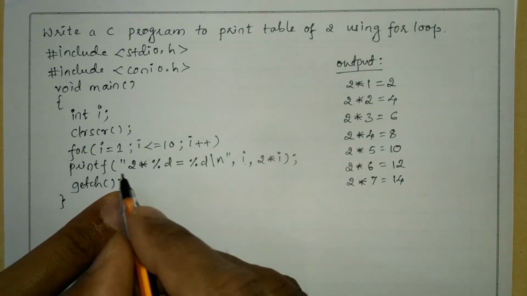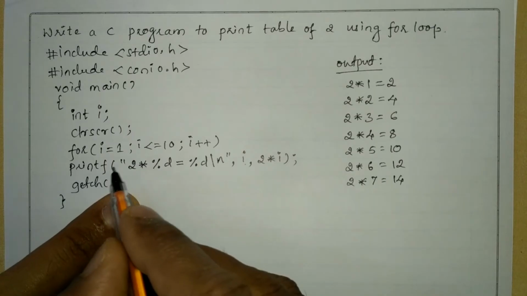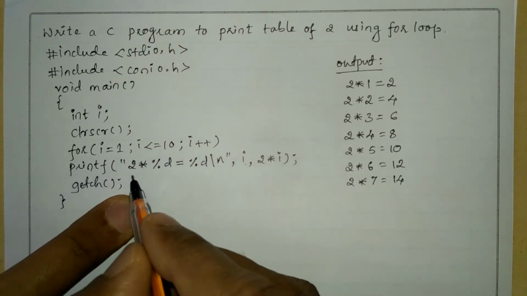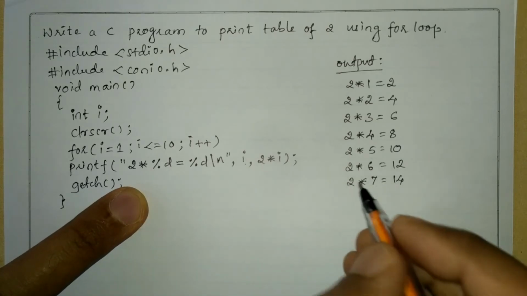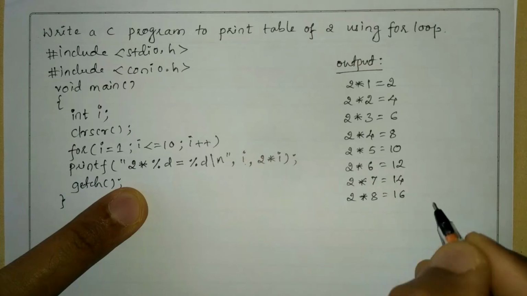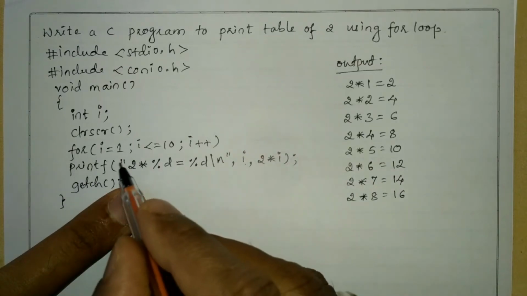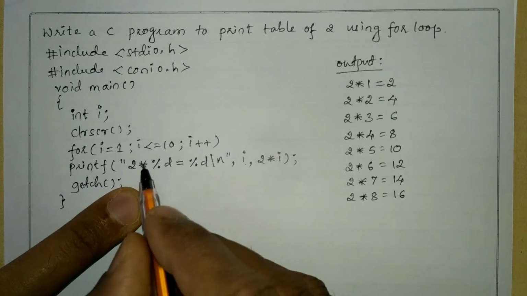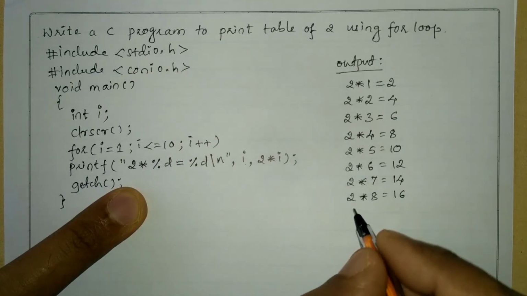Similarly, once again, the control transfers to for loop by incrementing the value of i by 1. Now it is 8. 8 is less than or equal to 10. Condition is true. Then once again, this particular statement will execute. 2 into 8 is equal to 16 will be printed. Again, control transfers to for loop by incrementing the value of i by 1. Now i value is 9. 9 is less than or equal to 10. Condition is true.